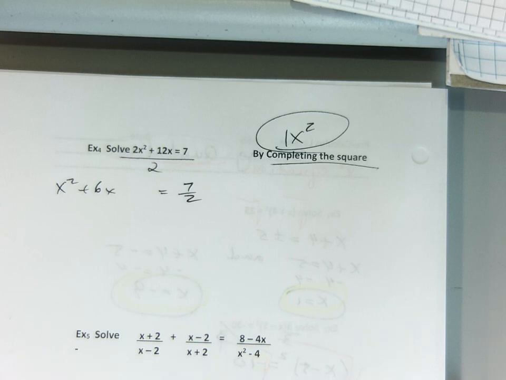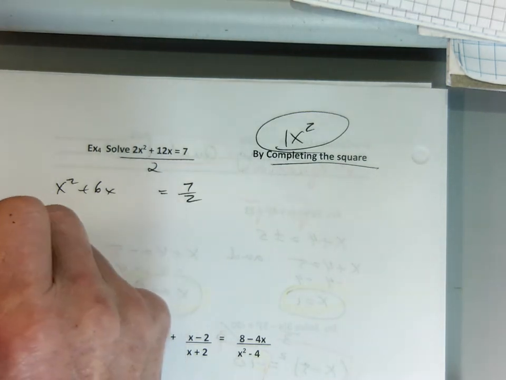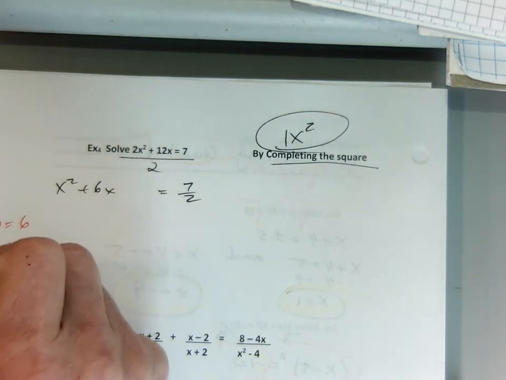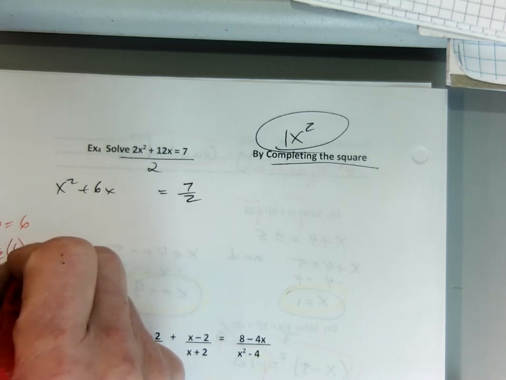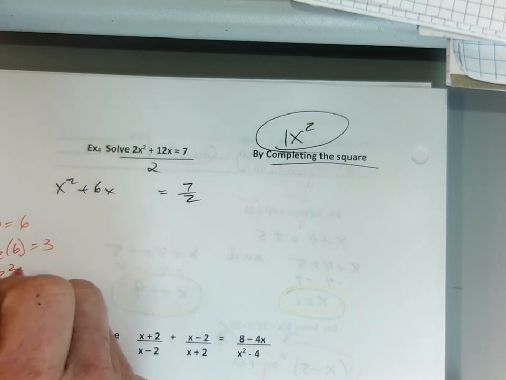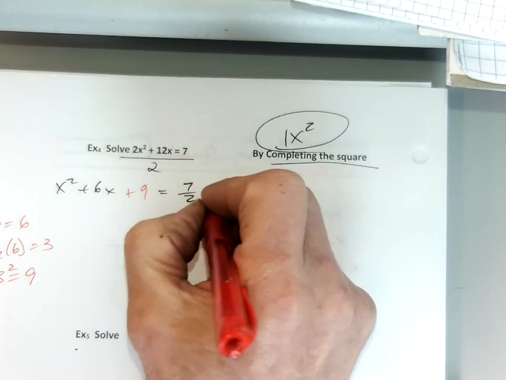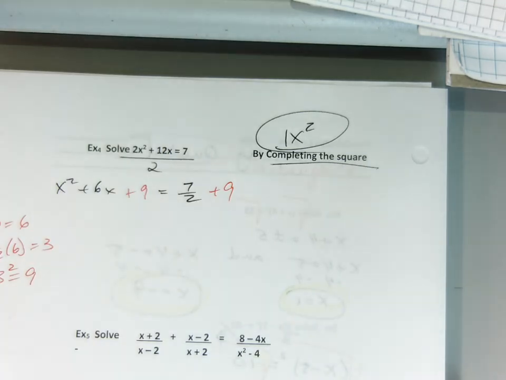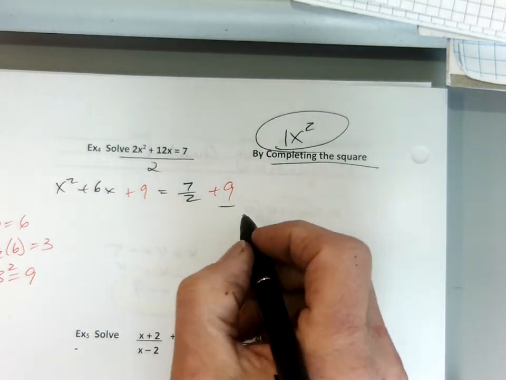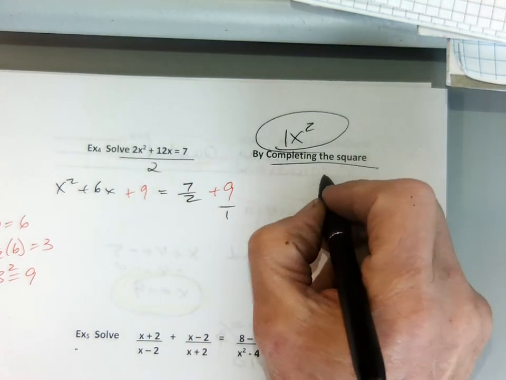Okay, now, what's our next step? Okay, b is 6, half of 6 is 3, and then 3 squared is 9, right? So I'm going to add 9 and add 9. Okay, now at this point in time, I might do a little side work so it won't bother you too badly.